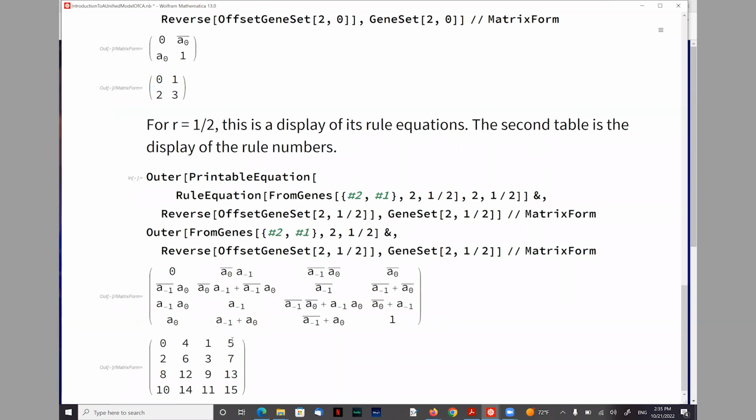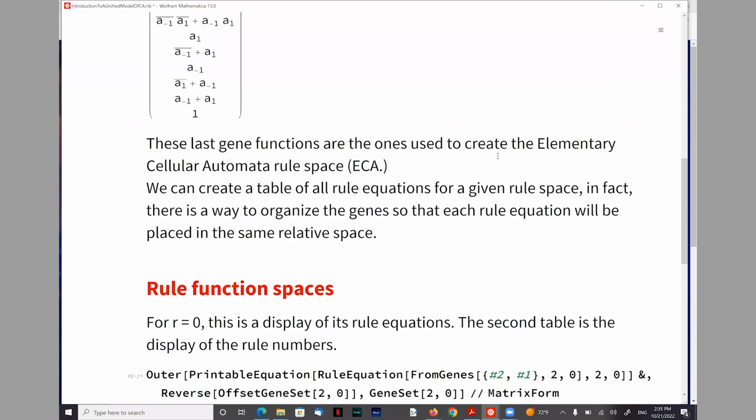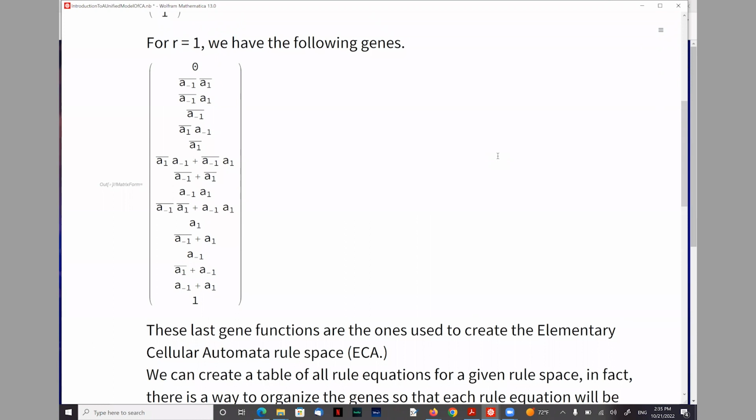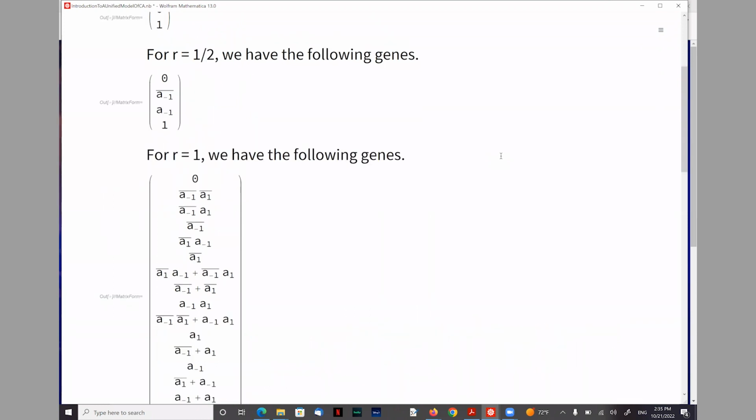The problem is that when we refer to those, the integers are different. 5 is not 1, 10 is not 2, because we are expressing those numbers according to the rule space we're working on. I'm not going to go into the details of this arrangement. There is actually a permutation that allows me to keep each one of those functions in the same place.